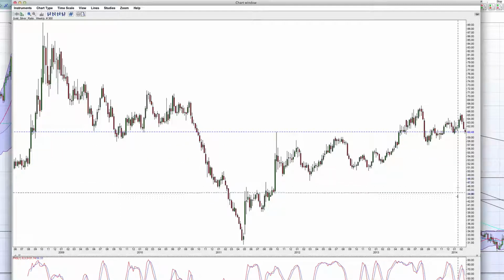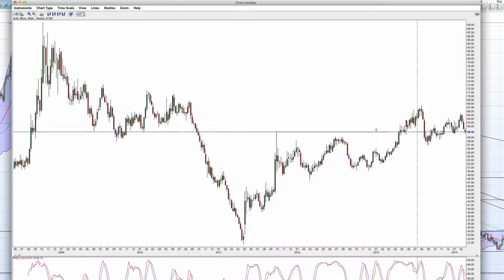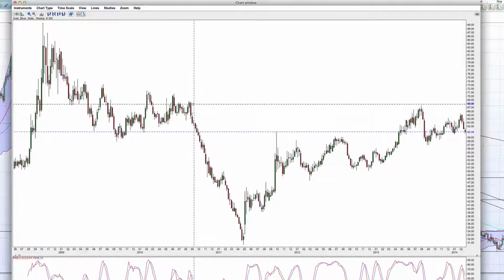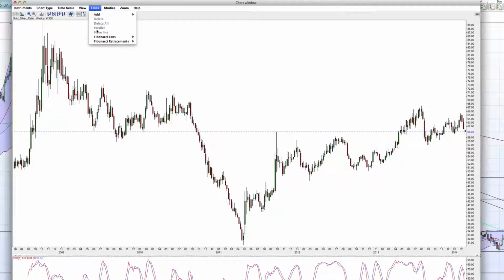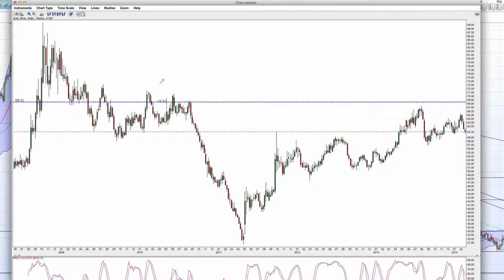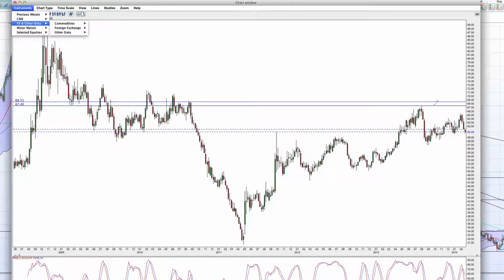We want this ratio to continue to go down, and it does look like we've met a horizontal line. So it looks like this area here is a major level of resistance. And if we can stay below this level here, I'm confident that we're going to continue to push lower and start making new lows.